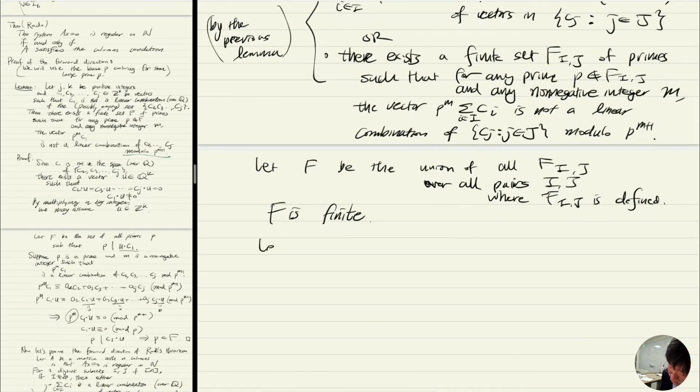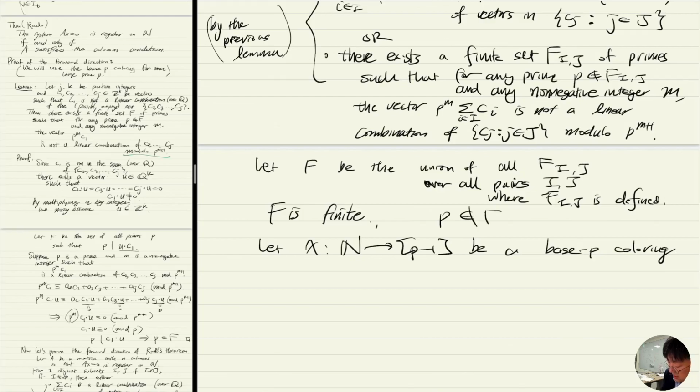Now let chi be a base p coloring, and let's choose p not in F. Since F is finite, there's a prime outside of F.